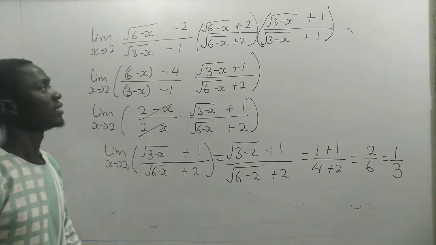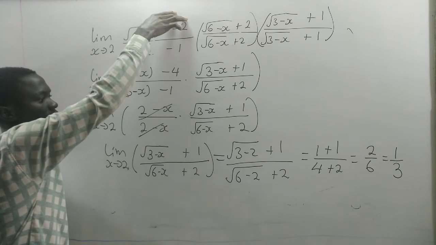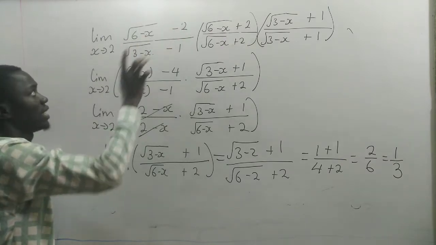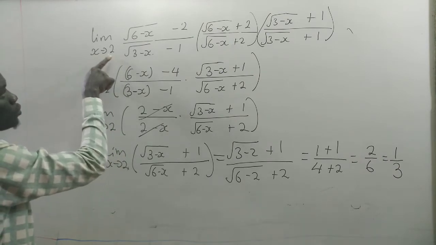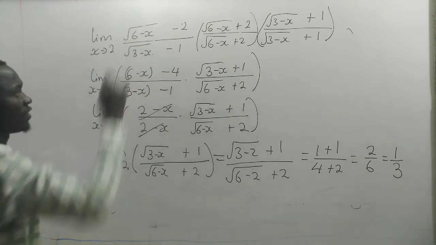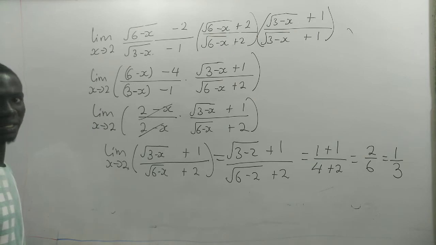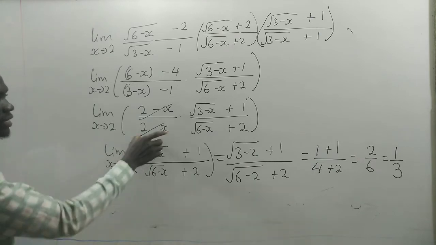So here, the trick is that we have this divided by that. And you see that if we put in x equal to 2, we are getting 0 divided by 0. It means that we have a common factor that we can cancel out, and this is the common factor.